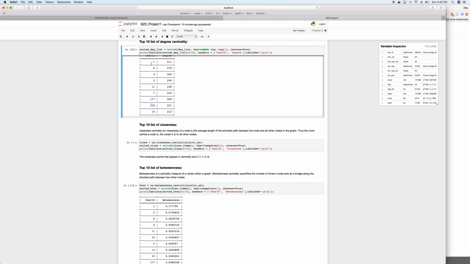Next is the betweenness. What we have done is the ranking of the betweenness. Betweenness is also a centrality measure. It is the number of times a node sits on the shortest path between two other nodes.